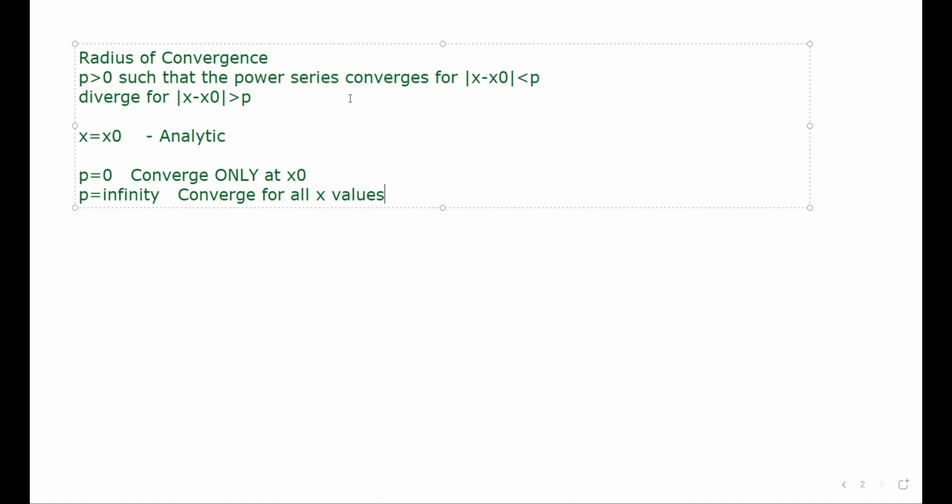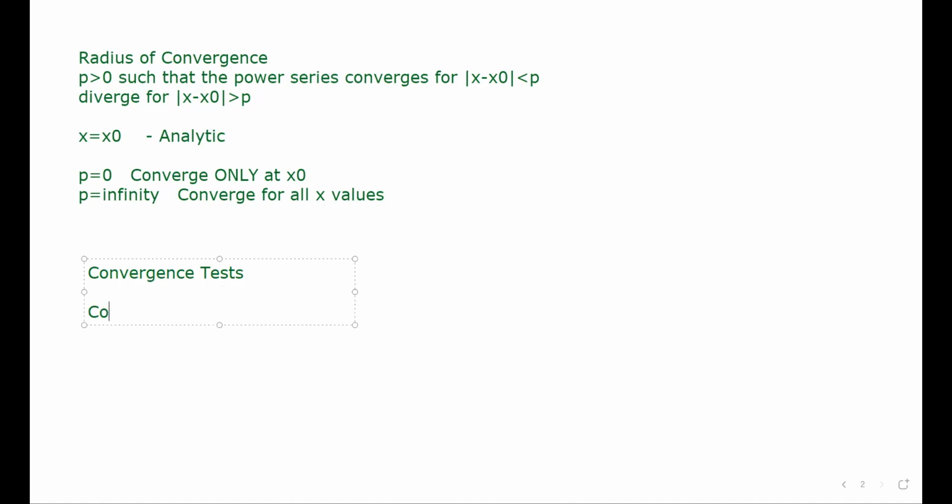In order to do this, we are going to use our ratio test, root test, our different convergence tests that you talked about in Calc 2. So let's do a quick review of that. Then we'll do some examples later on.